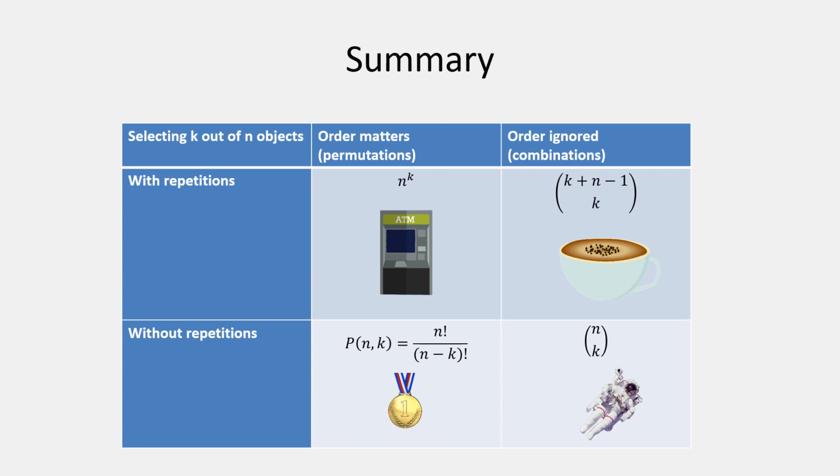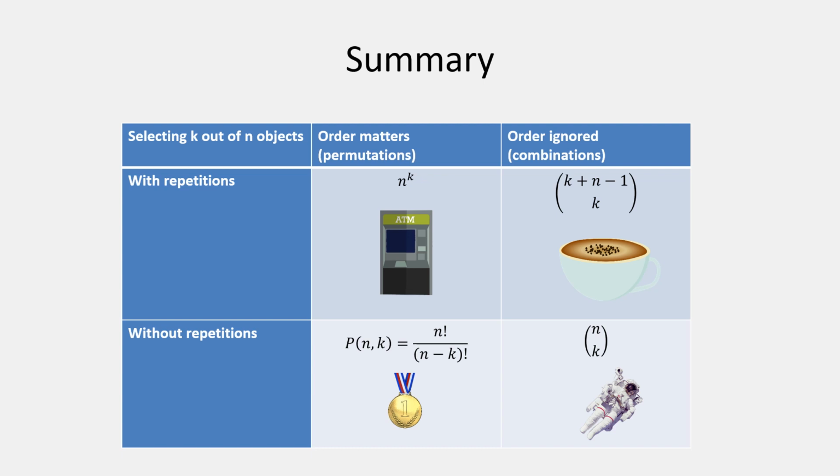So just to sum up, we looked at several ways of counting things, several ways of selecting k out of n objects. If we just look at strings where every symbol is allowed to be one of n objects and there are k symbols, then we get n to the k possible strings.